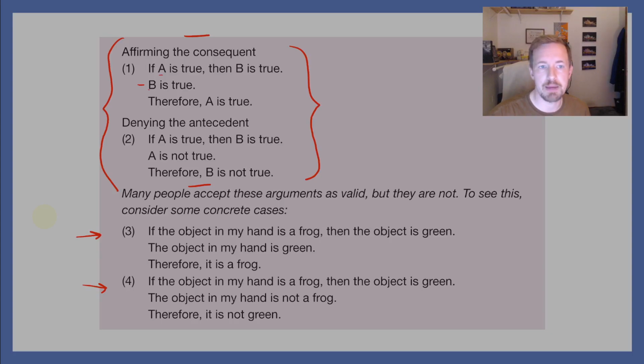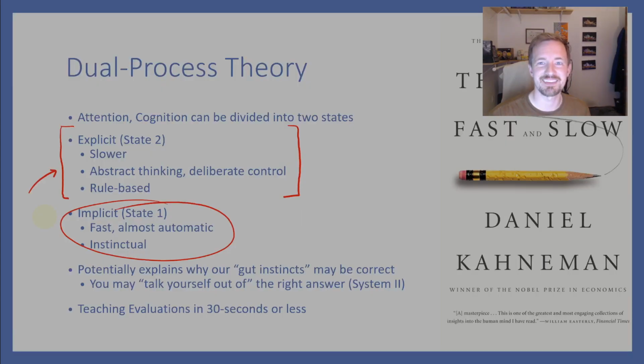We just want to not have to wake up this slower System 2 in order to get the right answer. This explains why a lot of times our gut instincts might be correct, because System 1 might get things right, and then we wake up System 2, and it talks us out of the correct answer.